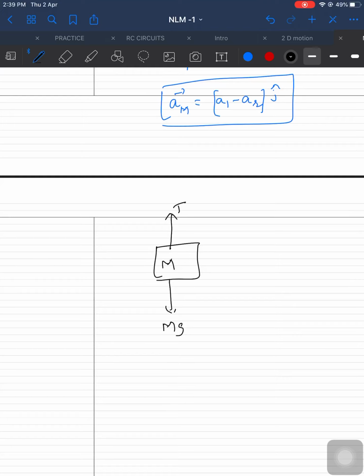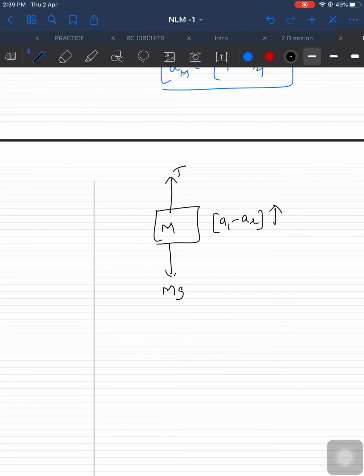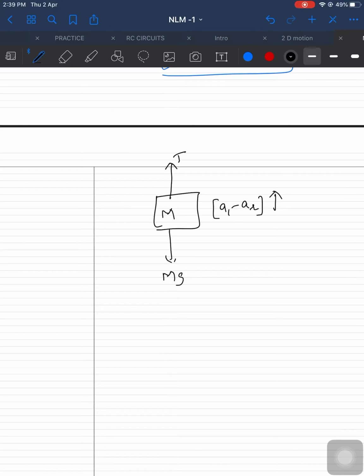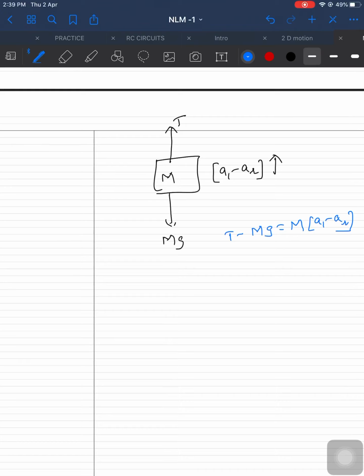Man goes a1 minus AR in the upward direction. Now write the equation. T minus capital Mg is equal to capital M into a1 minus AR. This is for man.